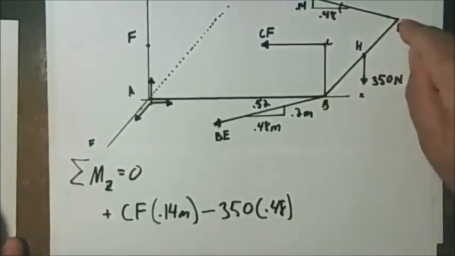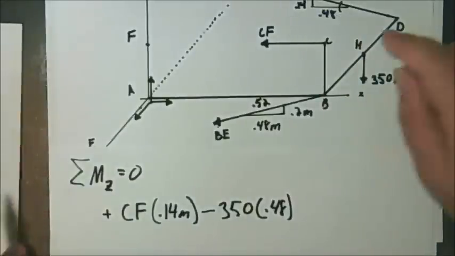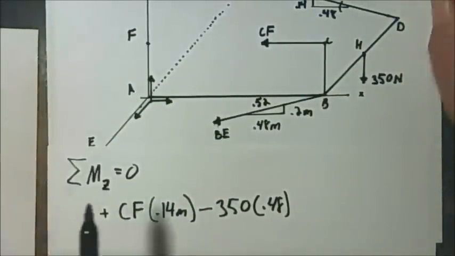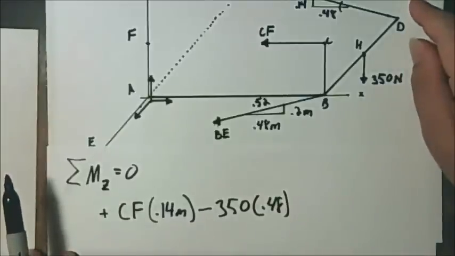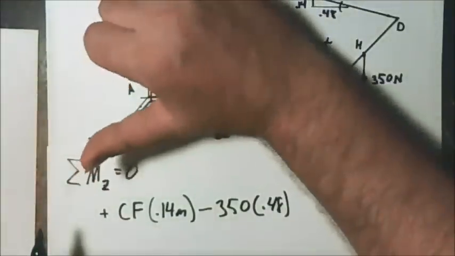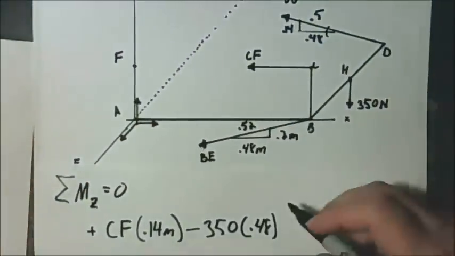Now with the cable DG, the X component of this cable would intersect and therefore does not create a moment. It's only the vertical component which creates a moment. And this component creates a positive moment, would rotate it this direction, thumb in the positive Z direction.